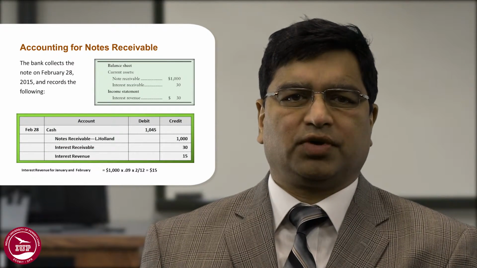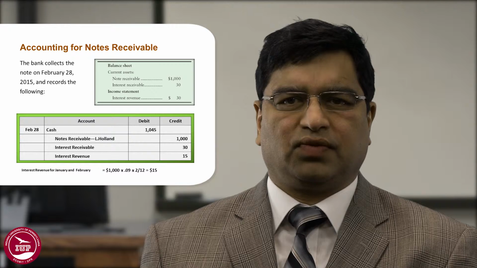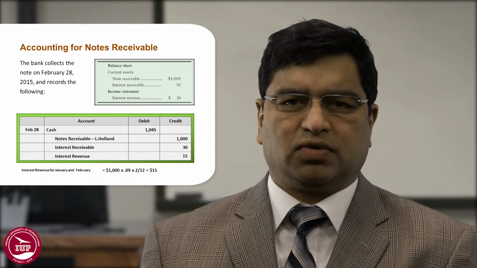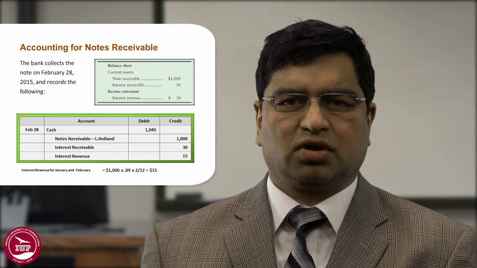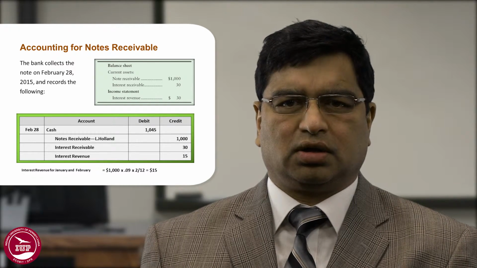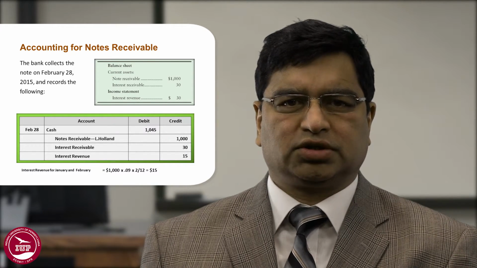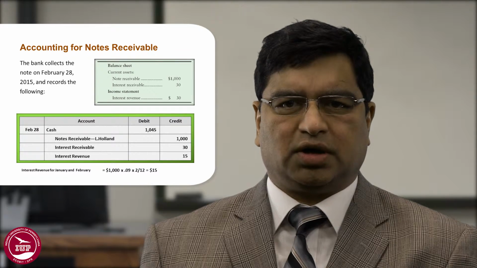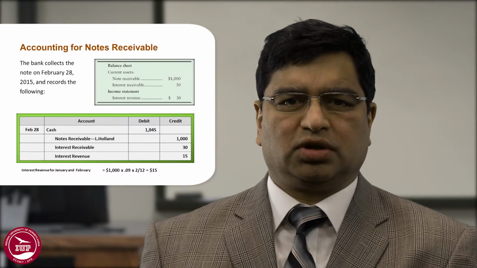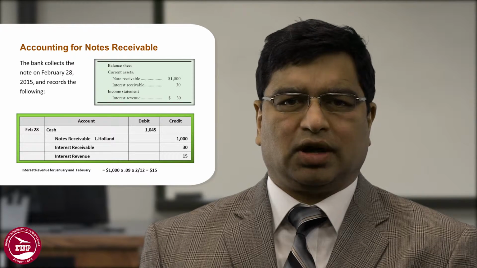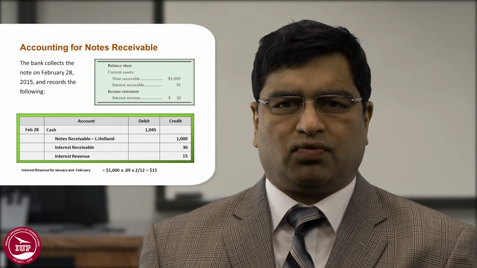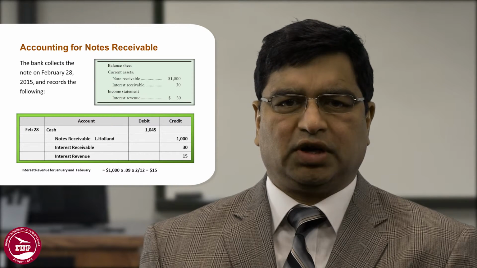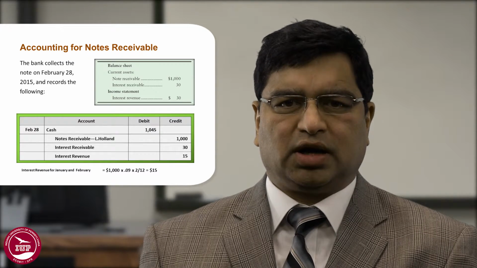The bank collects the note on February 28, 2015. When the bank collects the note, it will get the cash of $1,045, including the interest for the remaining months until the note expires. Interest receivable is from the last year, and interest revenue for 2 months is $15 at 9%.